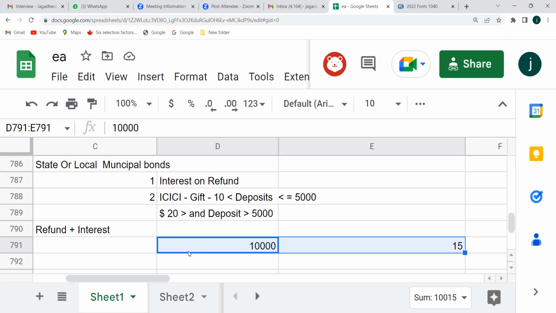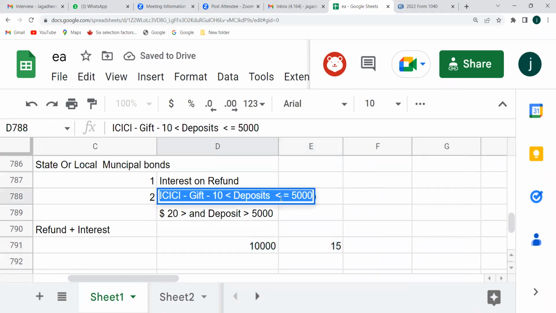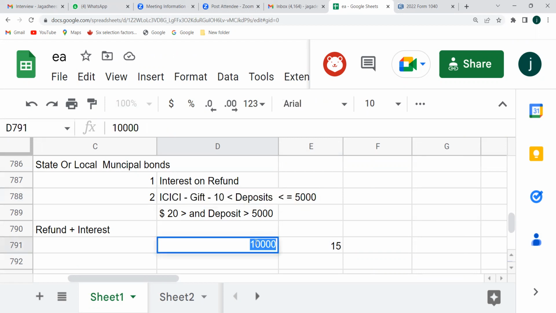Why? Because if the deposit exceeds $5,000 and the gift exceeds $20, then you need to consider it as income. Here the deposits are $10,000. I will conclude it now.